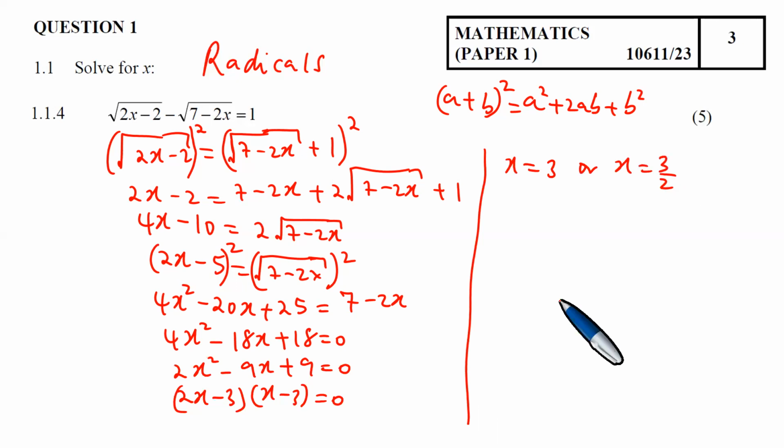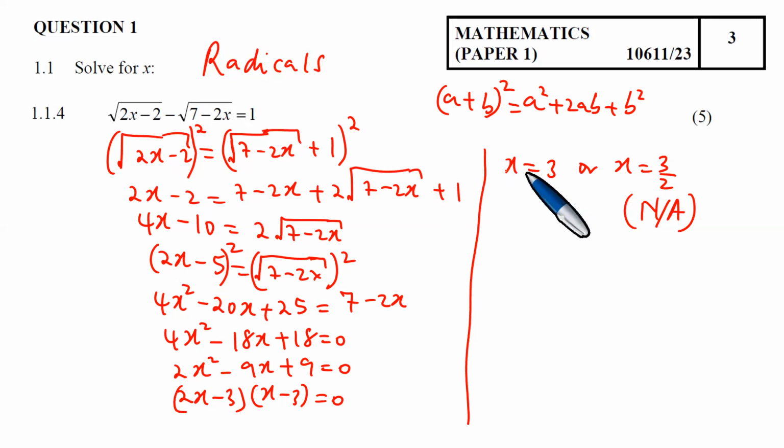All right, and now always please, in the exams, when you square both sides, there will always be rejected solutions. And so at this point, we say that this one is not applicable. Why is it not applicable? Because substituting it into the equation will make this equation false. Therefore we only accept the other one, because if we substitute it into the original, the left is going to be equal to the right.